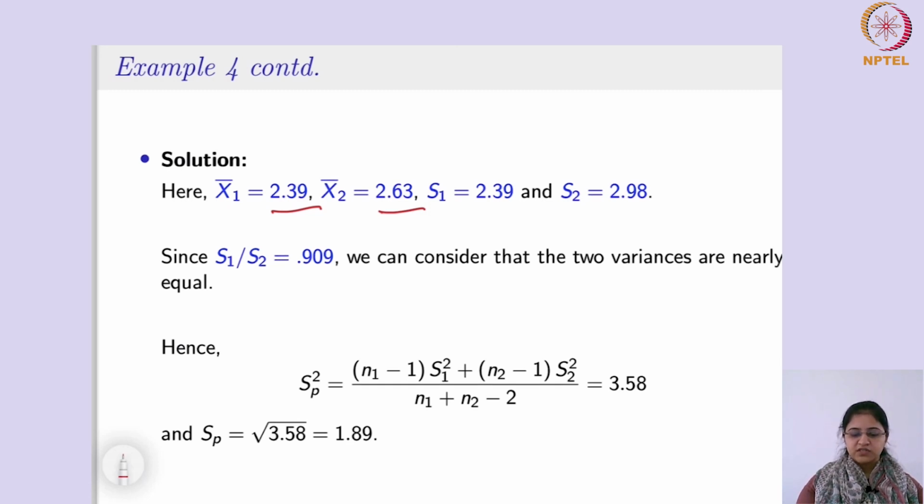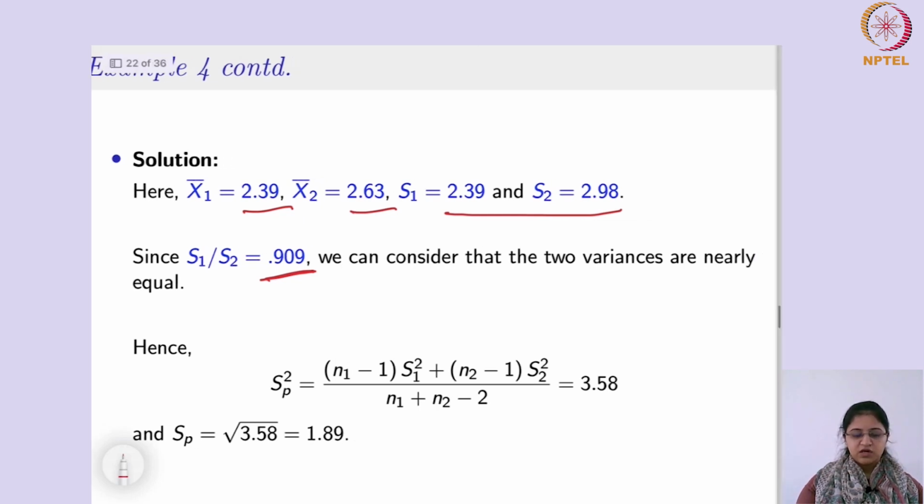Similarly, the standard deviation comes out to be this, and their ratio is 0.909. Since the ratio is between 0.5 and 2, we can say the two variances are nearly equal, and we can use our last theorem which says that the pooled variance SP square would be this.